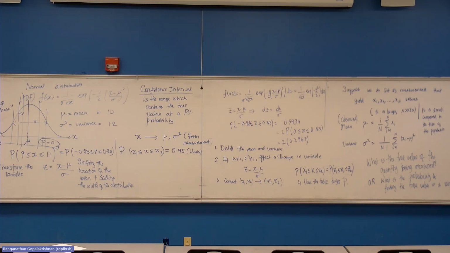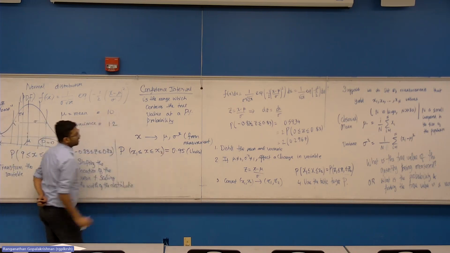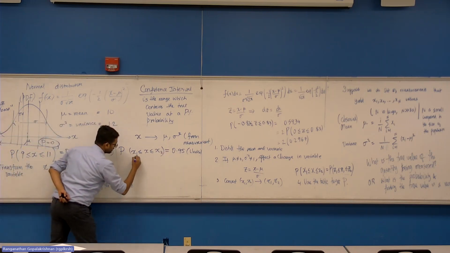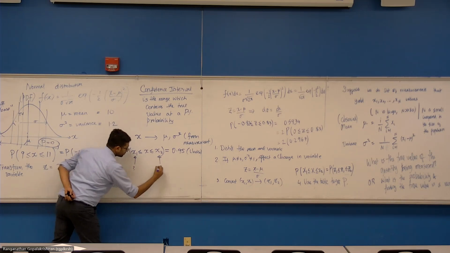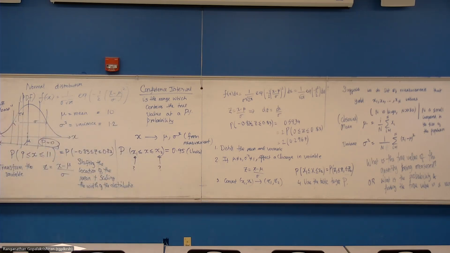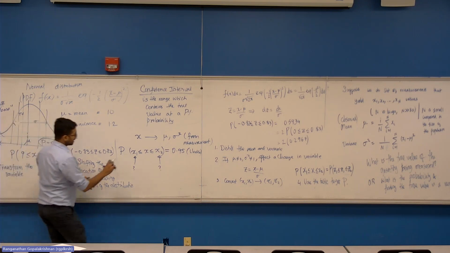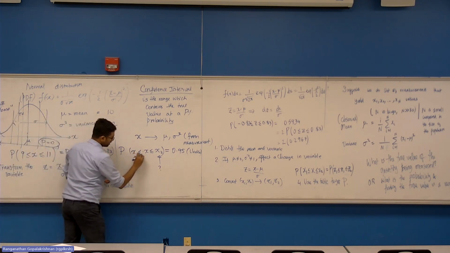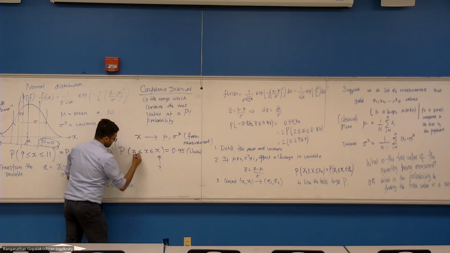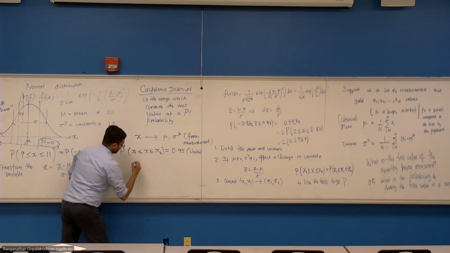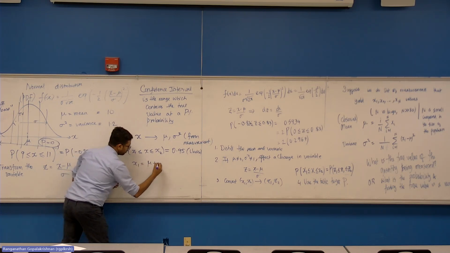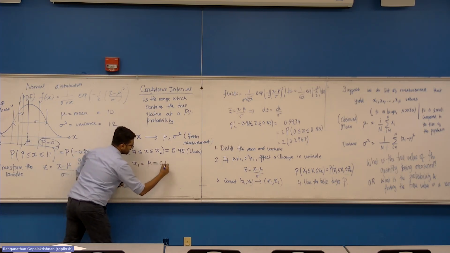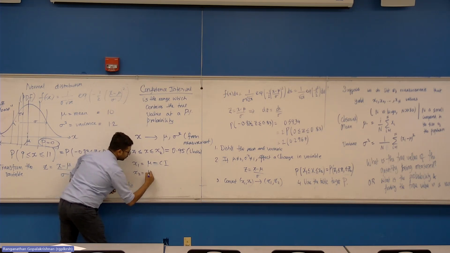I want to figure out the range in which the probability of the truth lying between x1 and x2 is 95%. How do you solve for x1 and x2 is the question. And for symmetry, we'll say x1 is mu minus CI and x2 is mu plus CI.